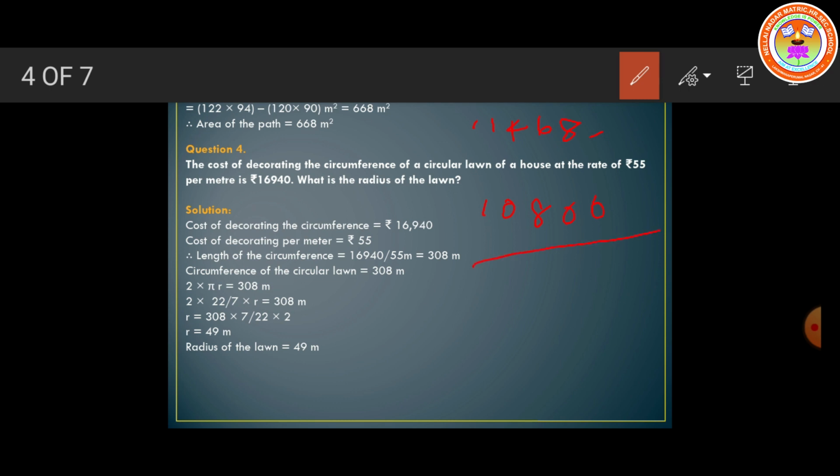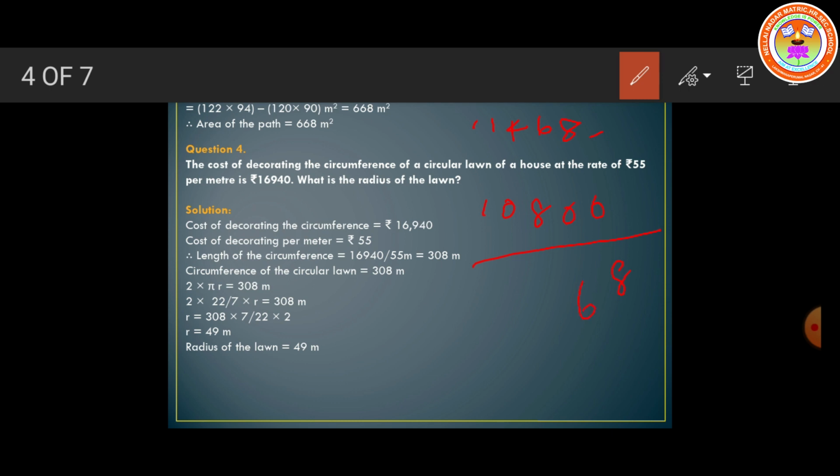You have to subtract. Then area of the path is equal to 122 into 94 minus 120 into 90 meter square. 8 minus 0 is 8.